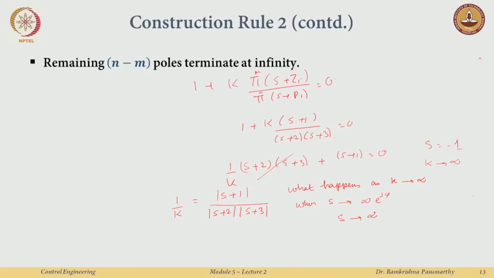What happens then at s equal to infinity? The value of the open loop transfer function g of s, h of s, when s is infinity, of course with k also being infinity, goes to 0.